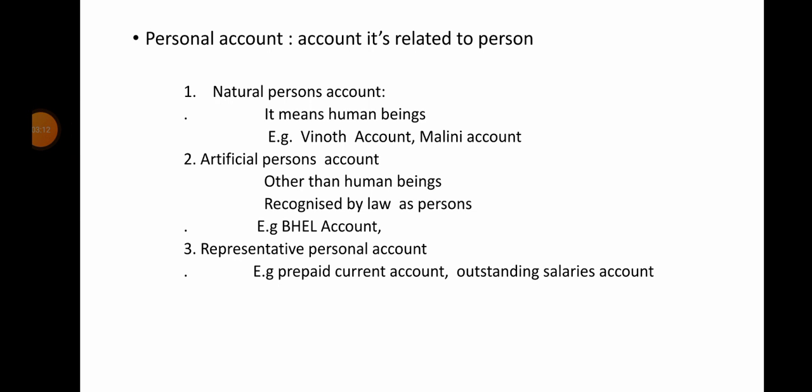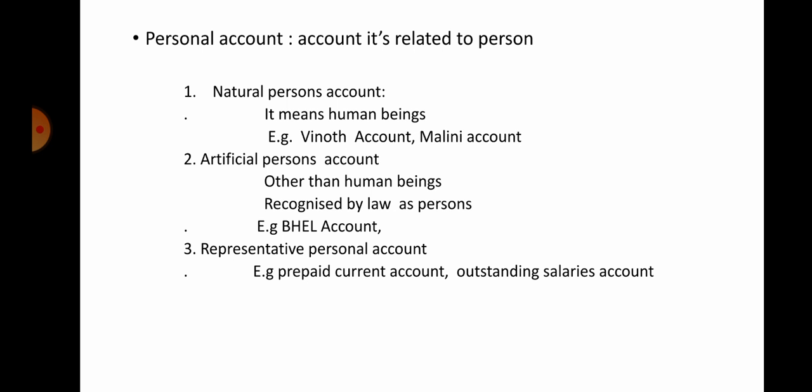Natural person's account means human beings. For example, everybody having some account in some banks. So it is known as person's account. Example, Vinod account, Malini account, etc. Some person's name will be included in that.